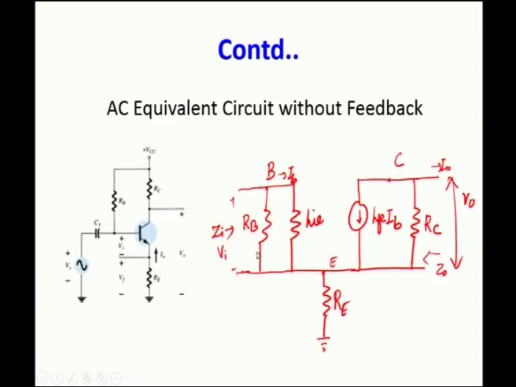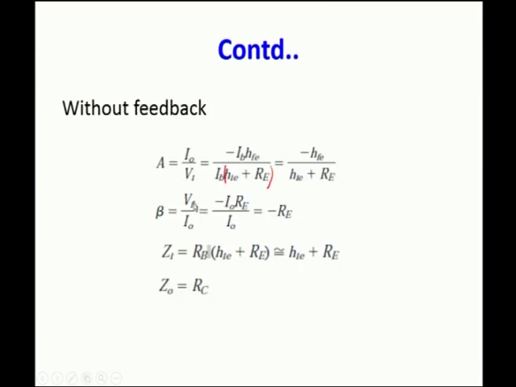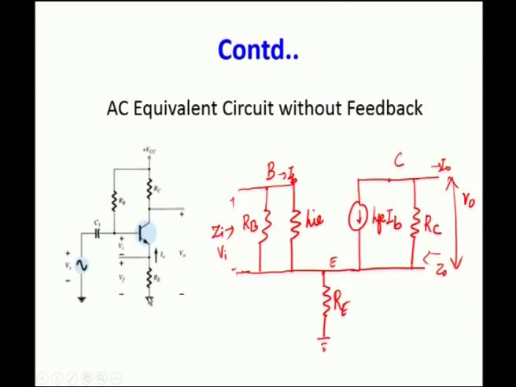And what is beta from the circuit? It is the voltage across the resistance RE. So, it is given as Vf by I0. This is the output and this is the input for this particular network. This is the feedback network now. So, the output of this network is Vf, the input of the network is I0.